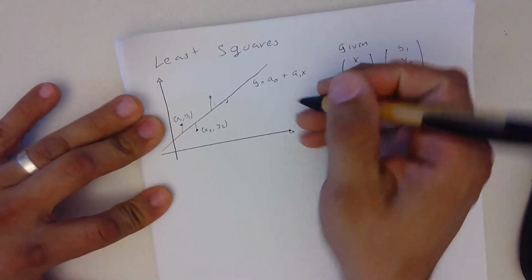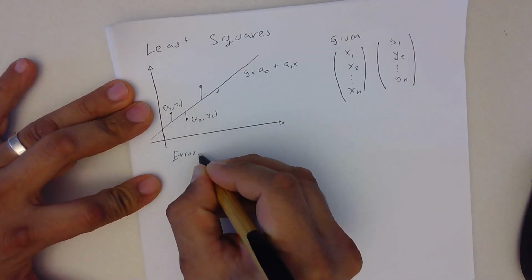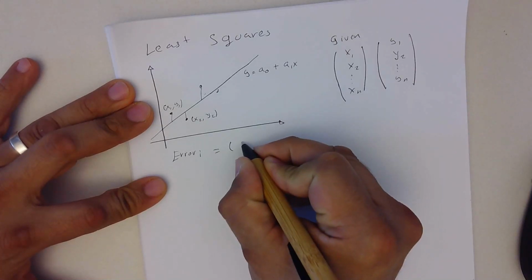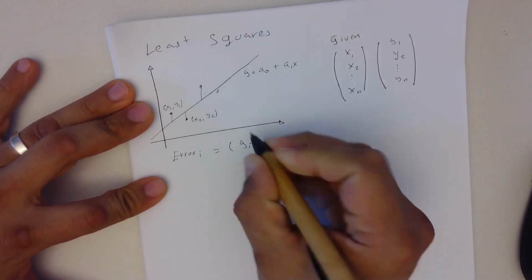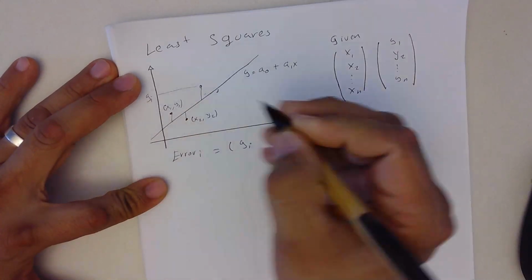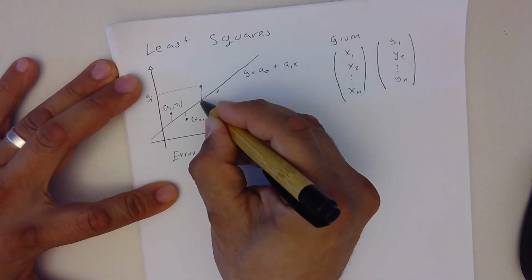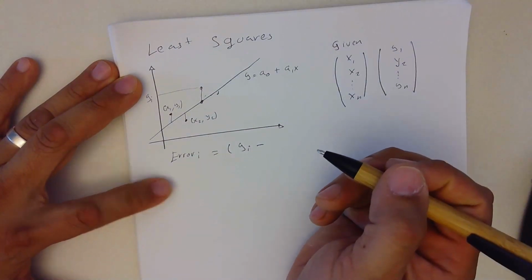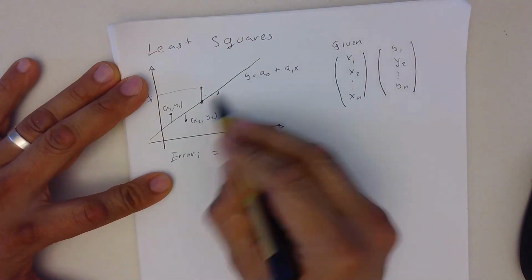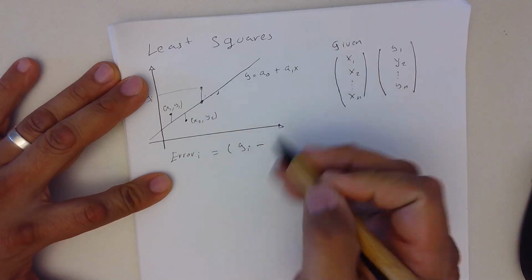In this case, the error i will be the difference between the expected y_i that we are expecting, minus the value that we fit in the linear regression. This line is represented by this formula.